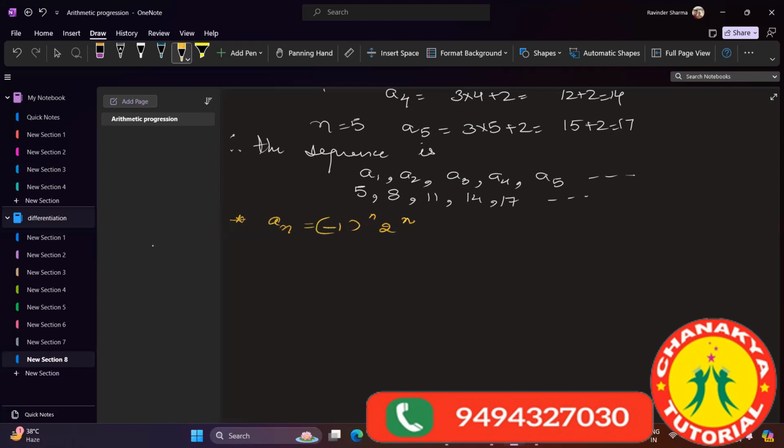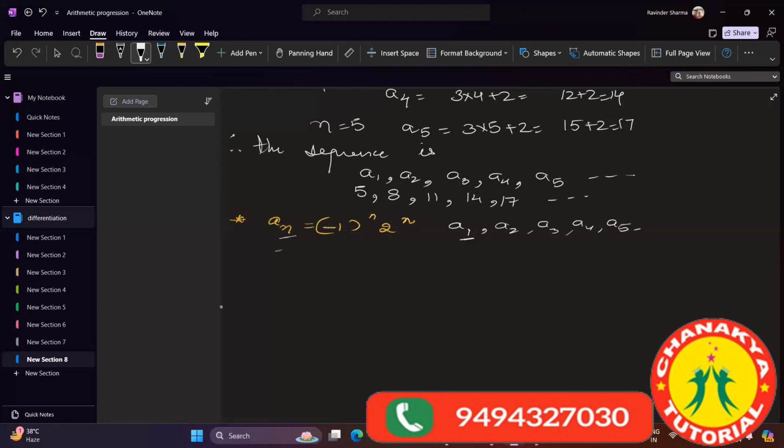Moksha? Yes, ma'am. Moksha, we need to find the first 5 terms, right? So as we did in the previous question, which value do I have to put for n to find the first term? Ma'am, 1. See, beta, we have to write 5 terms: A1, A2, A3, A4, and A5.